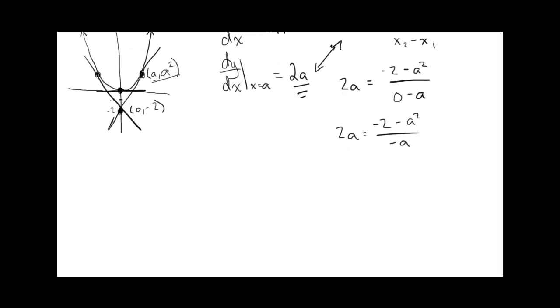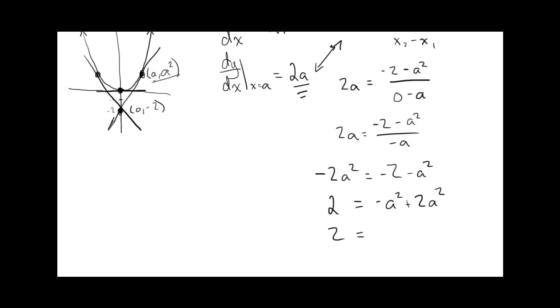And if I multiply both sides of this equation by minus a, I'll have minus 2a squared equals minus 2 minus a squared. I'll add 2 to both sides, get rid of that one, and then I'll add 2a squared.